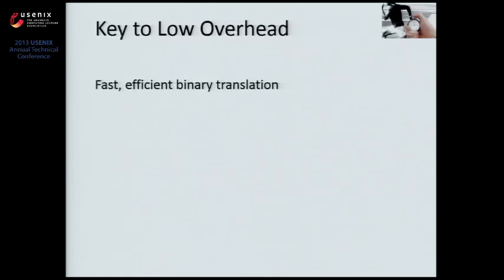Key to low overhead, first and foremost, is fast and efficient binary translation. Because we do not need to take care of register reallocation and a whole bunch of additional complex things, we can use a simple table-based mapping scheme where instructions are basically decoded and directly mapped into the code cache.